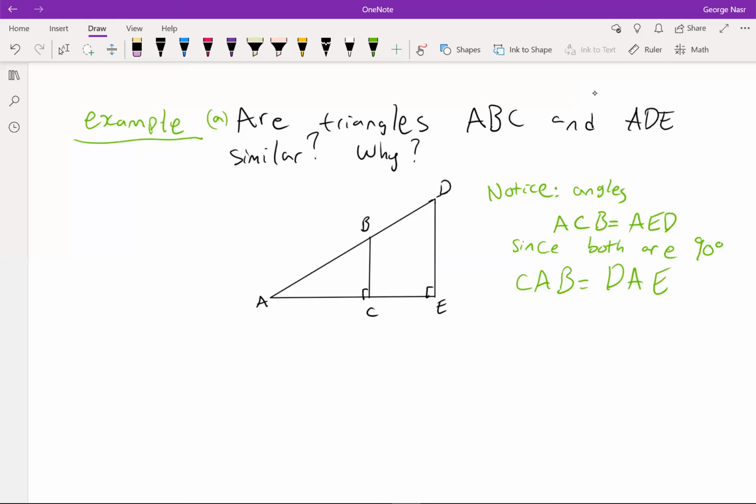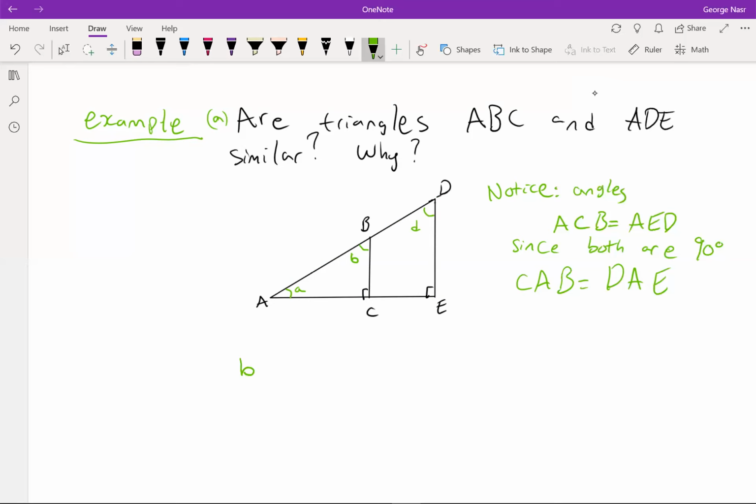Okay, so are the two angles equal? The answer is yes. And the reason is, so instead of writing CAB and ACB, I'm just going to give us some nice names to deal with. So this will be little a, this will be little b, this will be little d. Okay?